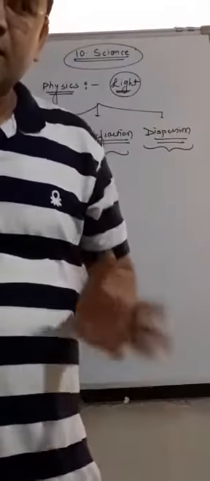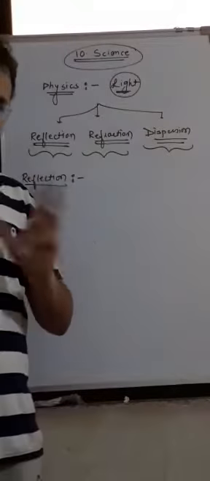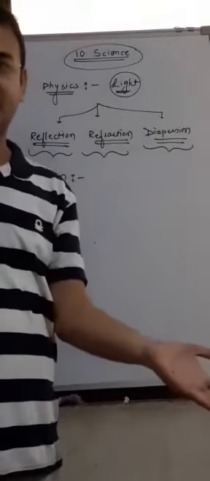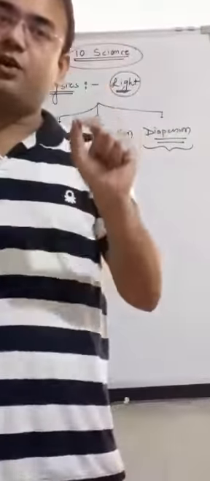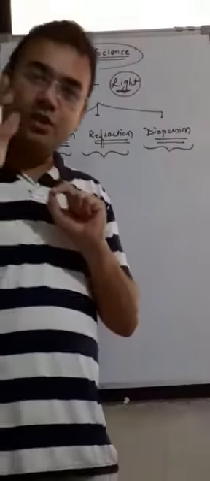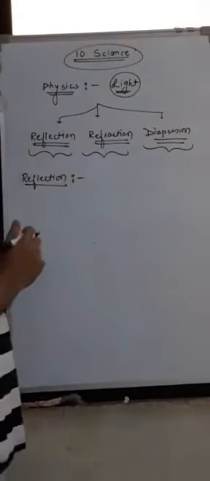This phenomenon is considered reflection. Here we are a little bit confused between reflection and scattering of light. In scattering, the same thing occurs, but it does not follow the law of reflection. The law of reflection, I will explain here.